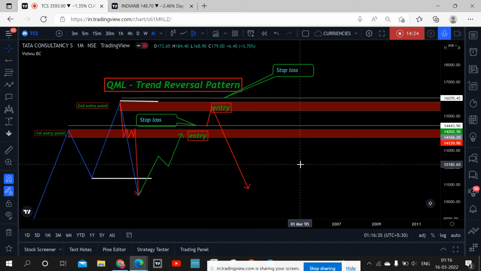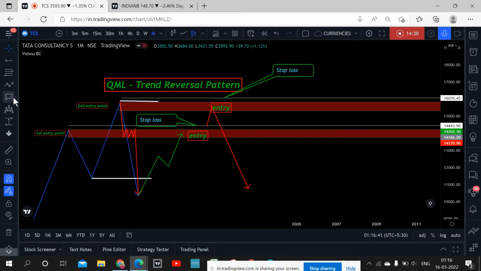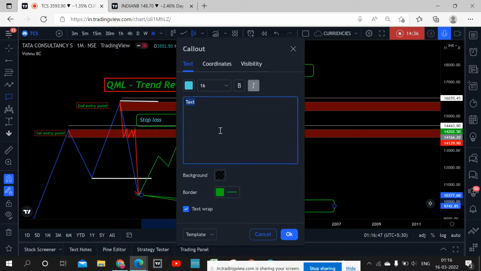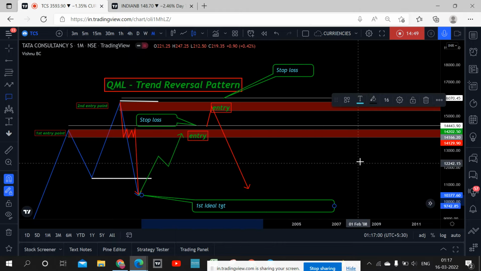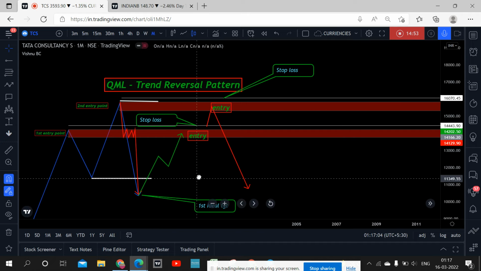Okay, this is the QML pattern, and as per this, we'll talk about targets also.